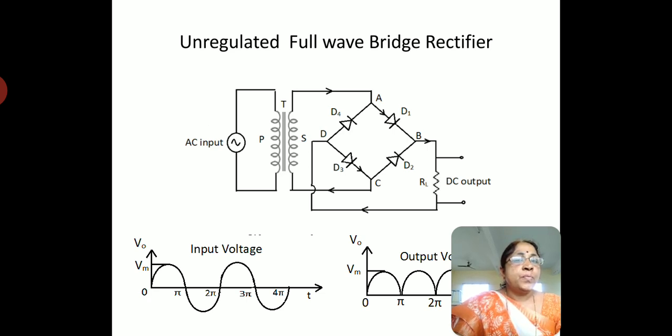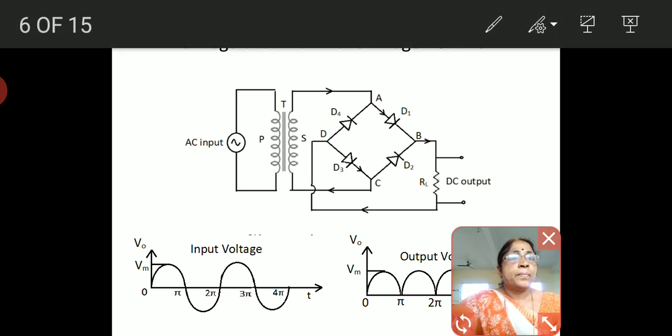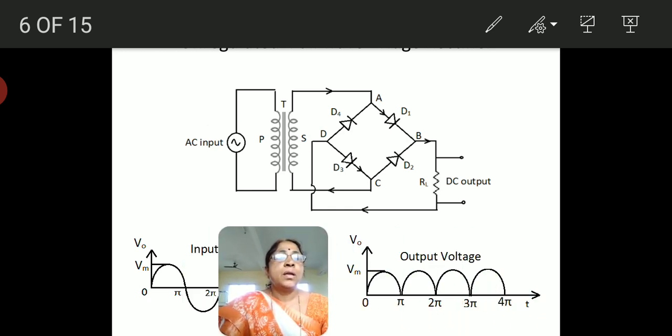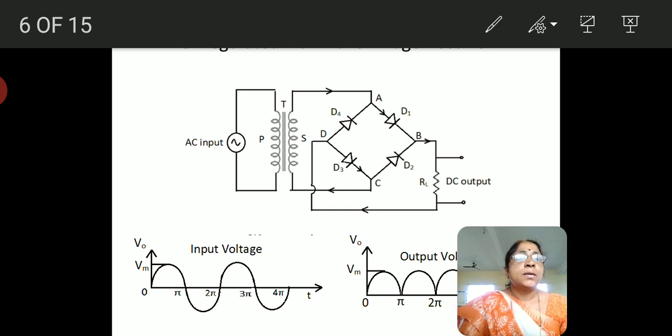For an input voltage, we get the full wave, that is, it rectifies both halves of the input signal. Therefore, for 0 to pi and pi to 2 pi, we get both the halves, but in the unidirectional form.